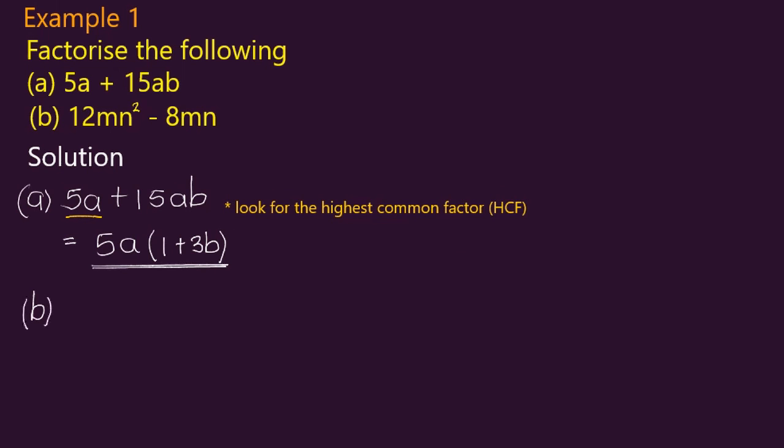Alright, part B has 12mn squared minus 8mn, like that. So we want to factorize. So what did we say? First look for the HCF, the highest common factor. Alright, so what is our highest common factor for 12mn squared minus 8mn?